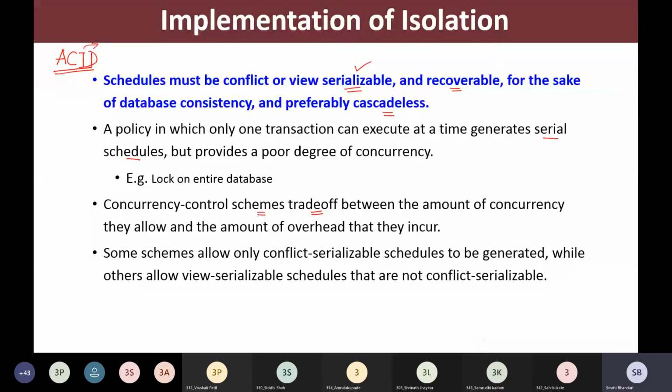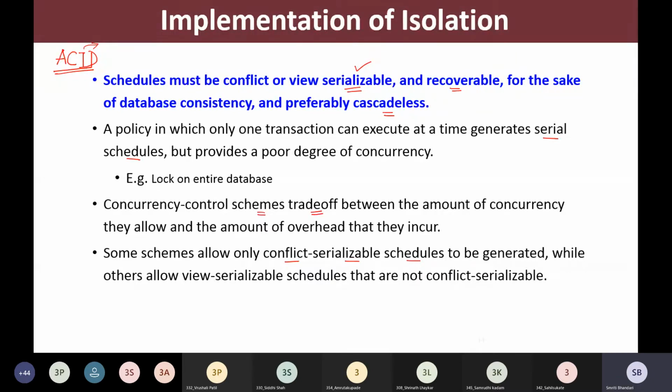So we are going to discuss a few such concurrency control schemes in our subsequent sessions, right? A few of these schemes allow conflict serializable schedules to be generated, while other concurrency control schemes can allow view serializable schedules but not conflict serializable schedules, and so on.